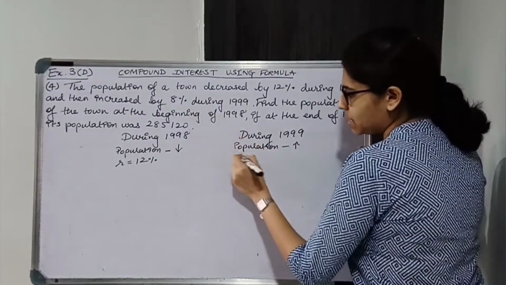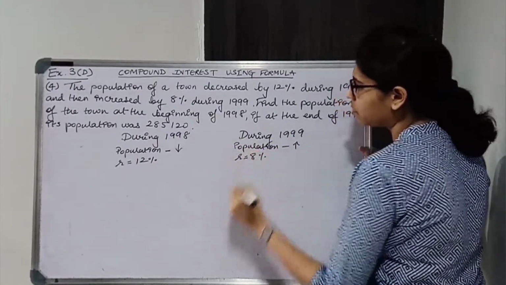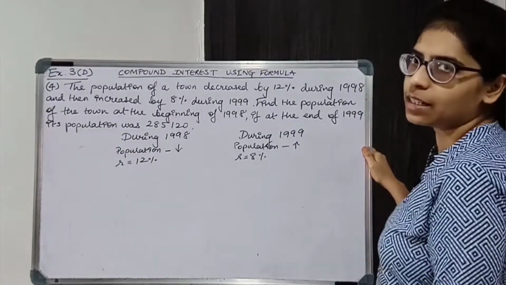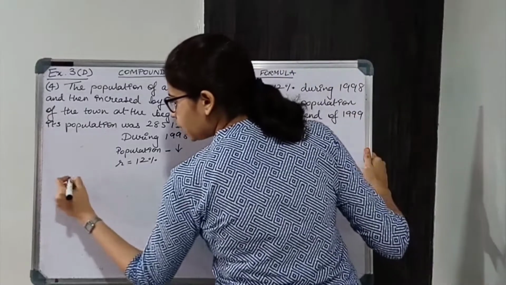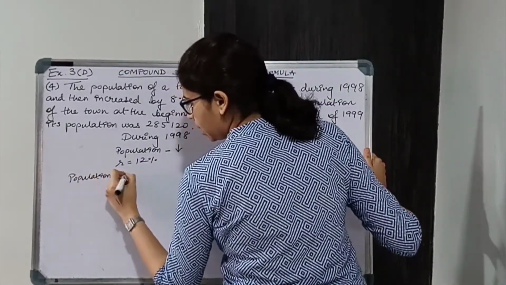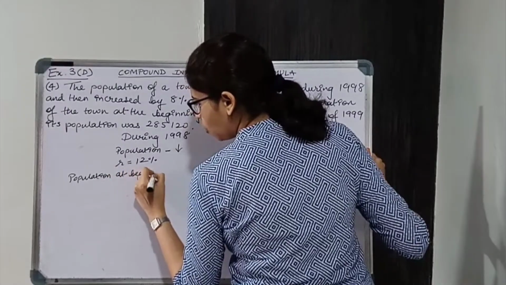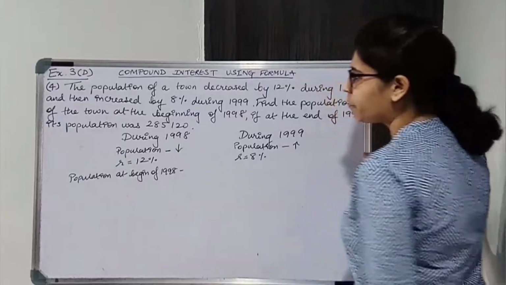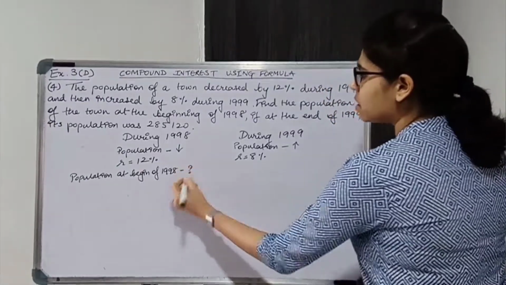By 8%. Find the population of the town at the beginning of 1998. So we have to find the population at the beginning of 1998. I'm just writing in short. We need to find this.